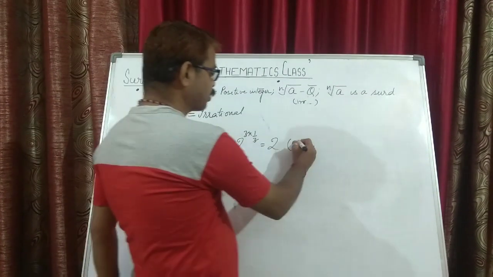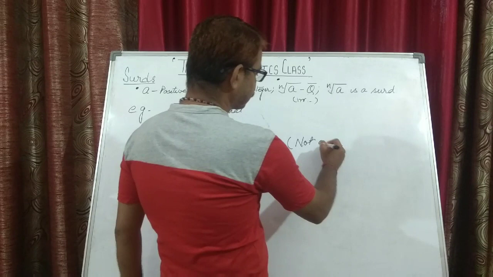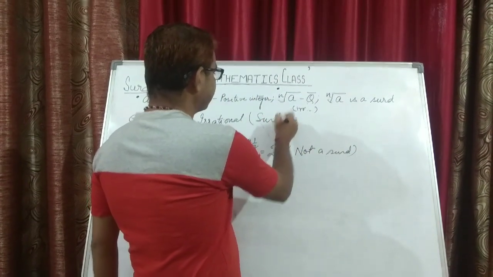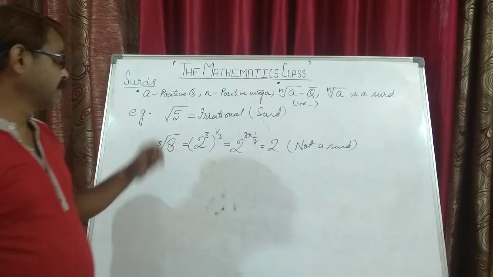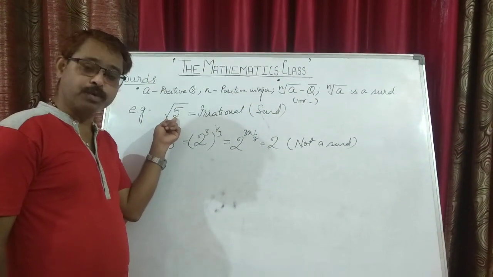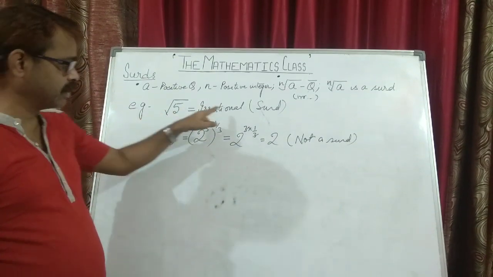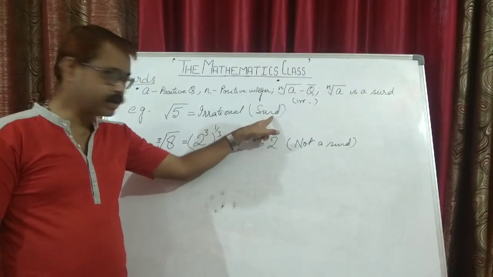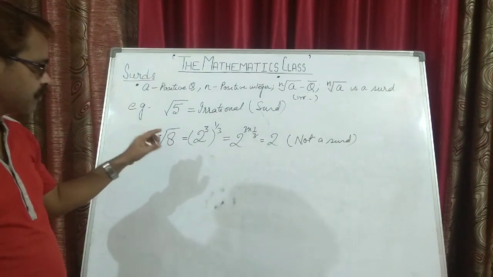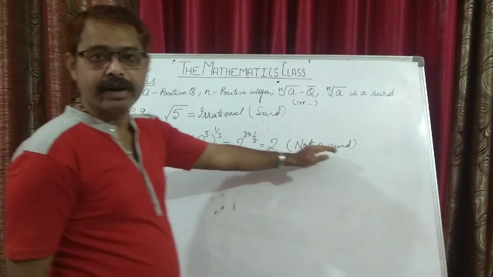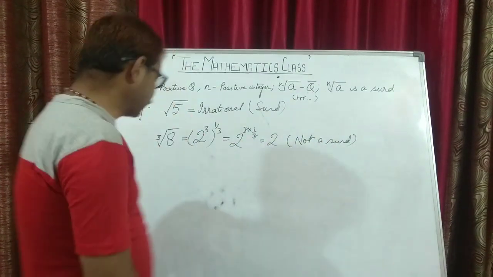So this is not a surd. This is a surd. It means that if the nth root of a rational number is irrational, it is a surd. If the nth root of a rational number is not irrational, it is not a surd.